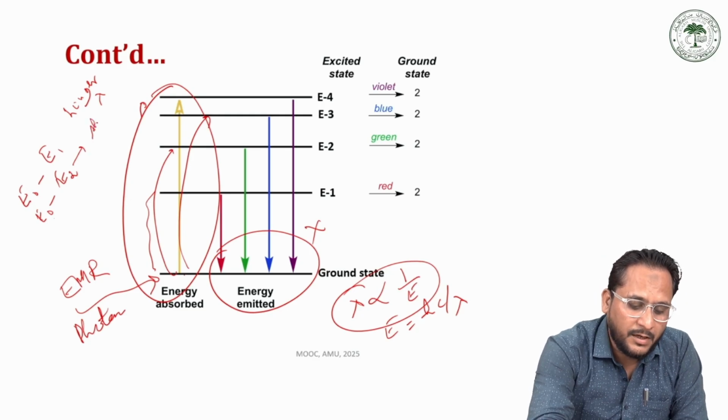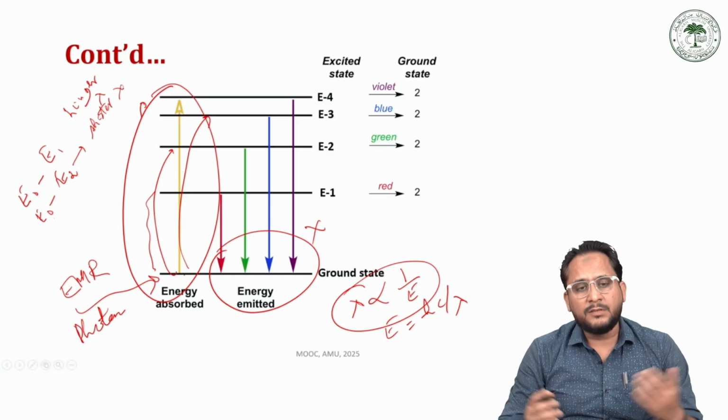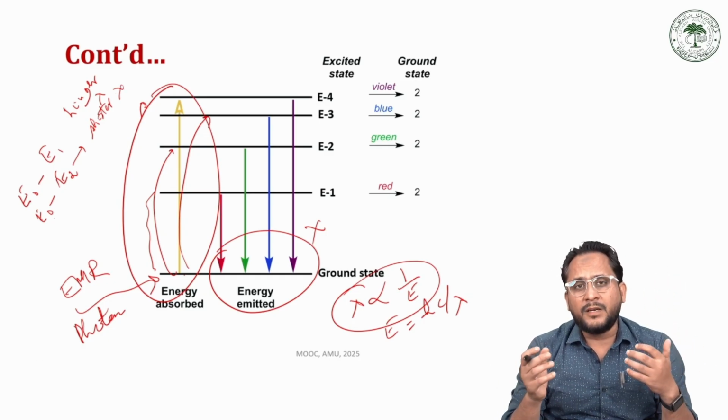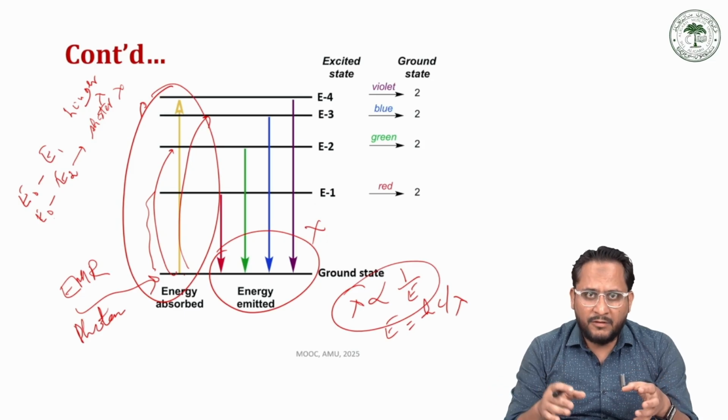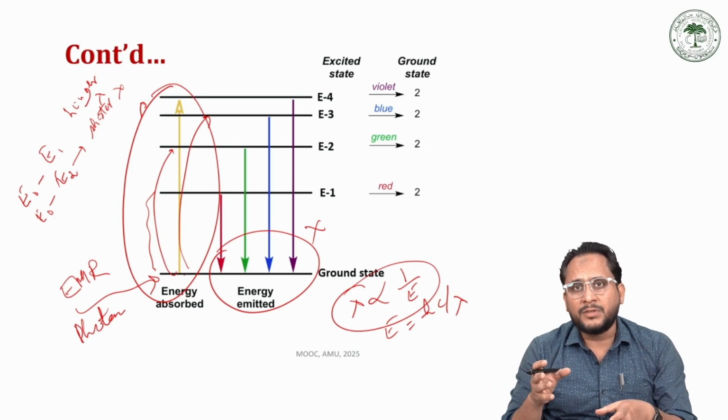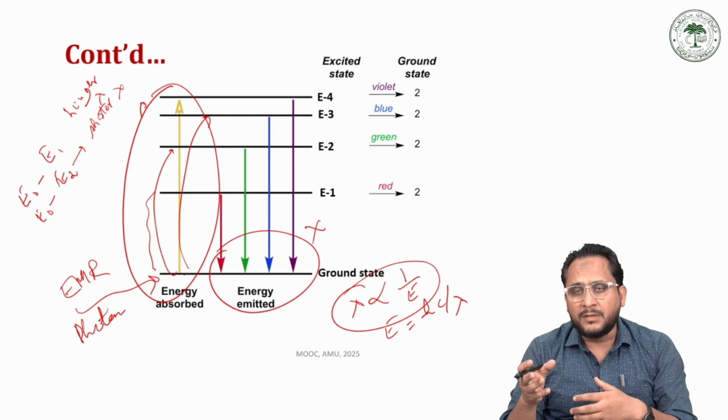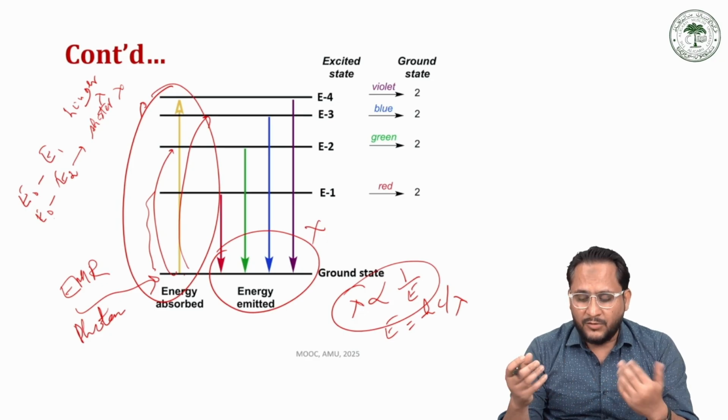That means we need a light radiation of shorter wavelengths. So in this way we can at least get an idea about whether a lower wavelength light is needed for absorption, or a higher wavelength light, means lower energy light, is needed for absorption.